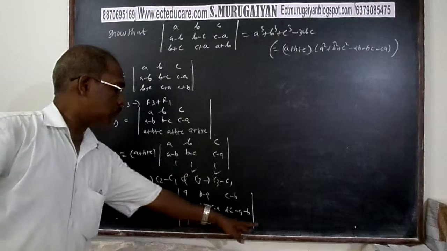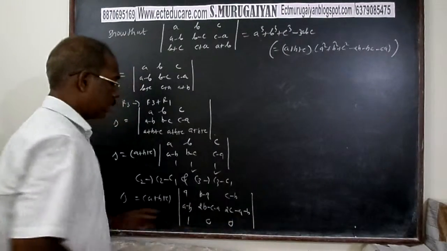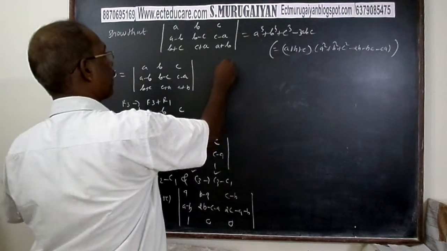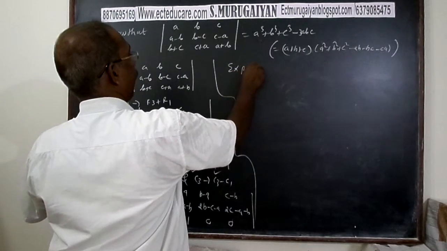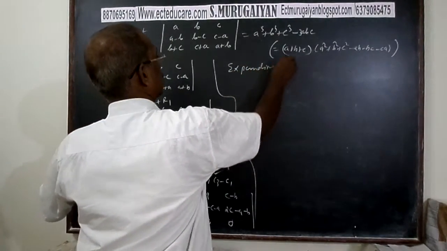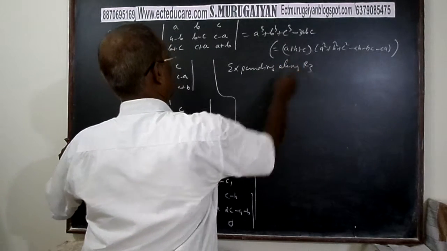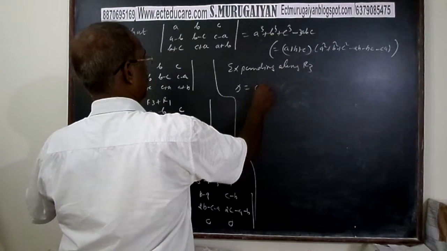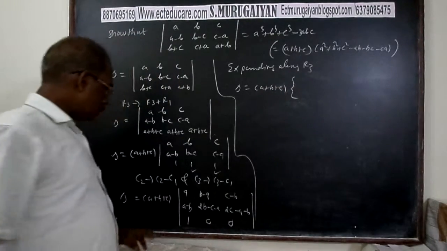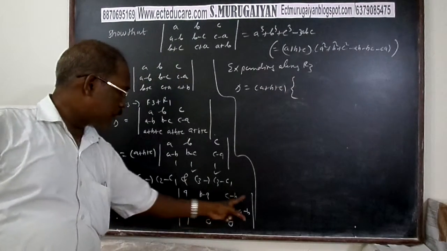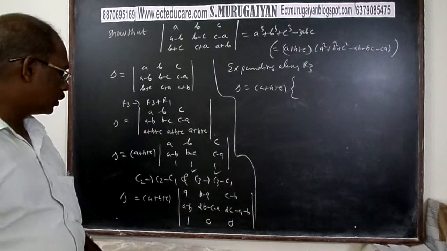There are two zeros in R3, so we can expand along R3. Expanding along R3, delta equals (a plus b plus c) times the cross multiplication of these four elements.